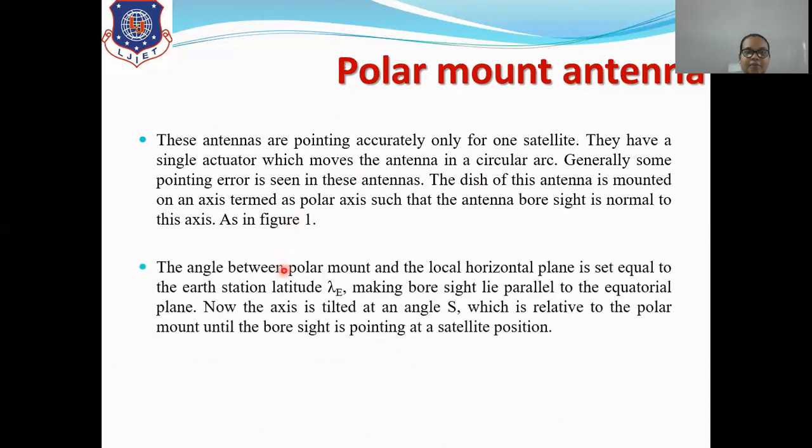Now, the angle between the polar mount and the local horizontal is set equal to the earth station latitude lambda e, making the boresight lie parallel to the equatorial plane. Now, the axis is tilted at angle S relative to the polar mount until the boresight is pointing at the satellite position.